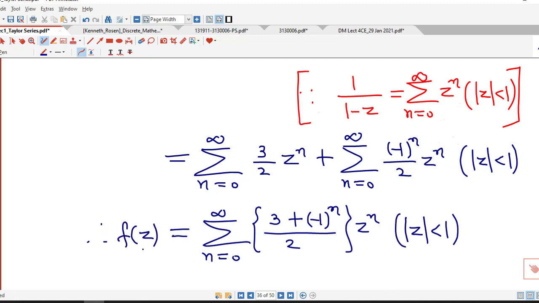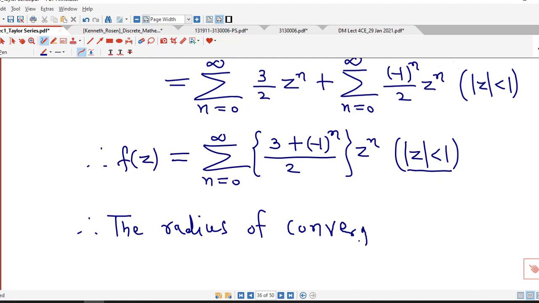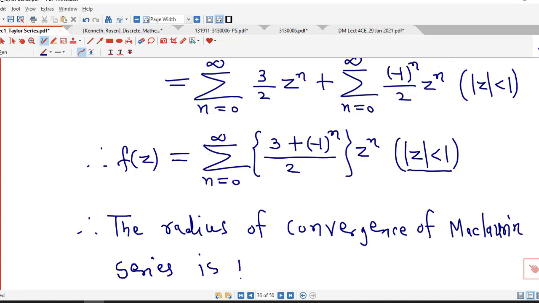So we obtain the Maclaurin series of the given function, and this Maclaurin series is valid in the open disk mod z less than 1. Therefore the radius of convergence of the Maclaurin series is r equal to 1.